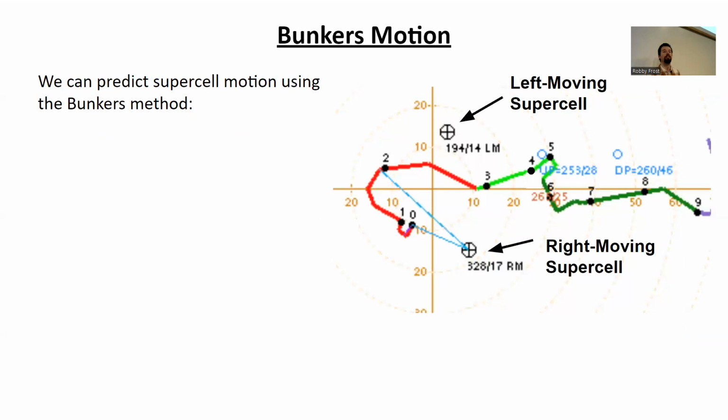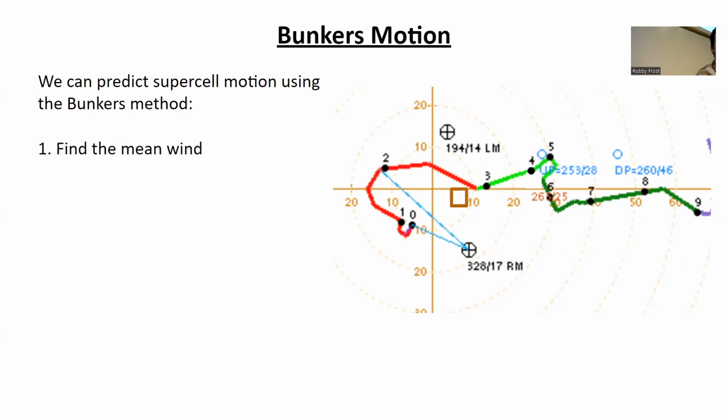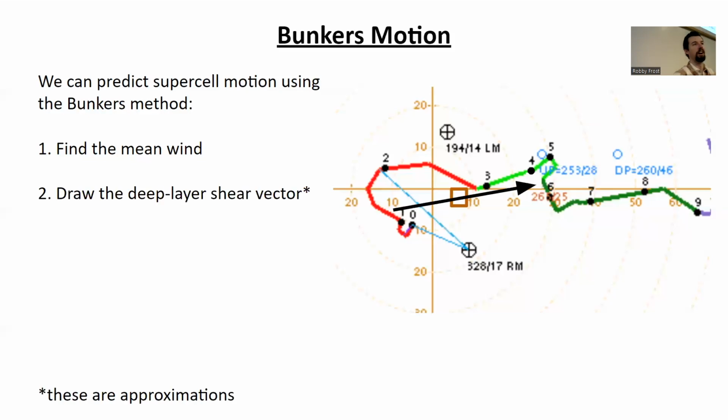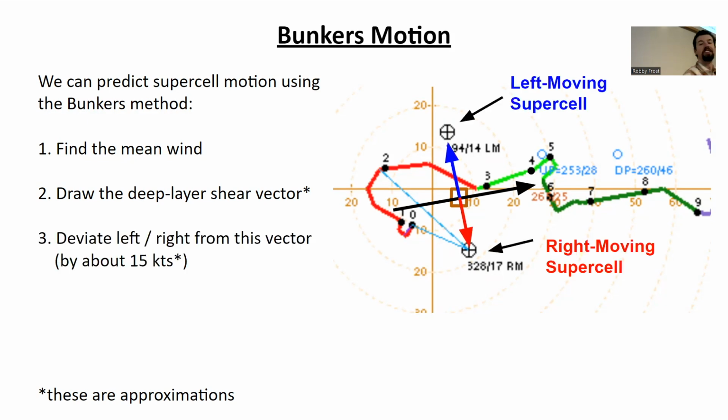And so we can predict potential supercell motion using the Bunkers method. All we're going to do for this is find that mean wind that we found earlier. Then we're going to find the deep layer shear vector, something from about 0 to 6 kilometers. That's going to be your deep layer shear, like we talked about earlier, our bulk shear. And all we're going to do is deviate right and left from that shear vector by about 15 knots.